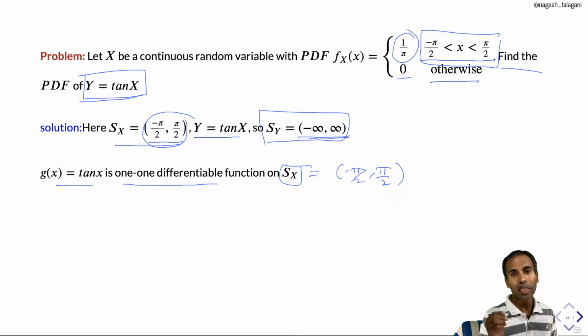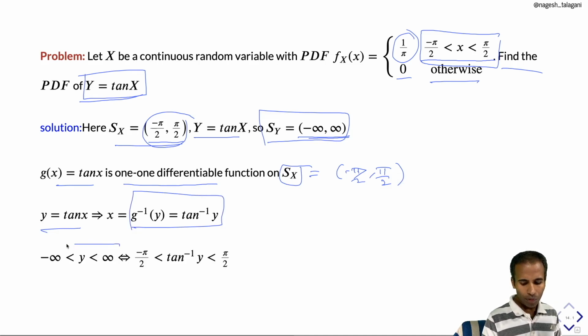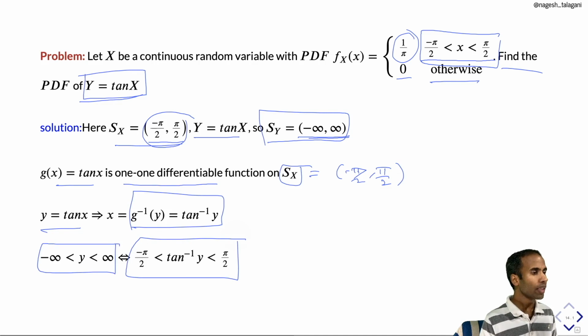So here g(x) equal to tan x is a one-to-one differentiable function on S_X, which is minus pi by 2 to pi by 2. So we can apply the above theorem to find the PDF of Y. Let us see what is g inverse y. For y equal to tan x, g inverse y is going to be tan inverse y. Now, as y comes from minus infinity to infinity, tan inverse y comes from minus pi by 2 to pi by 2.